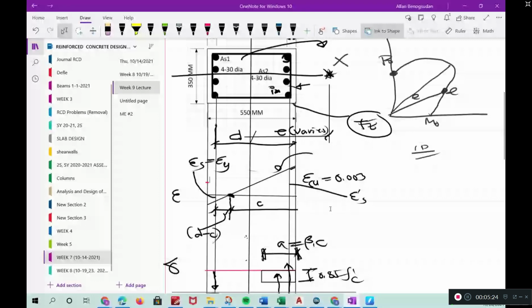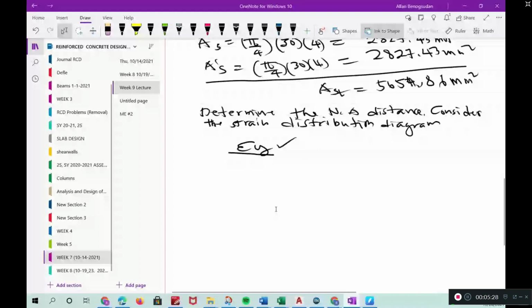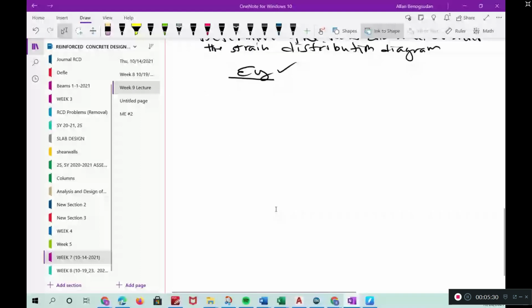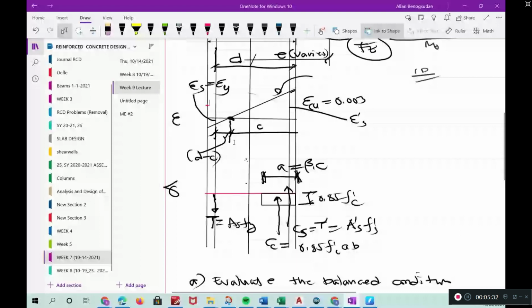Should be E sub U is to C. Okay, E sub Y is to what? Okay, E sub Y is to D minus C, as E sub CU or E sub U, okay?